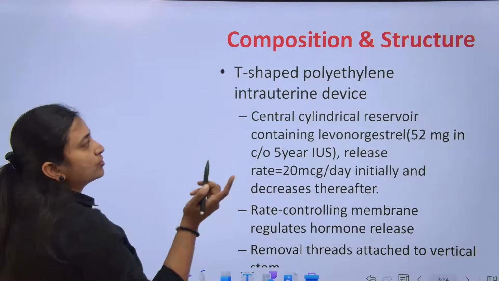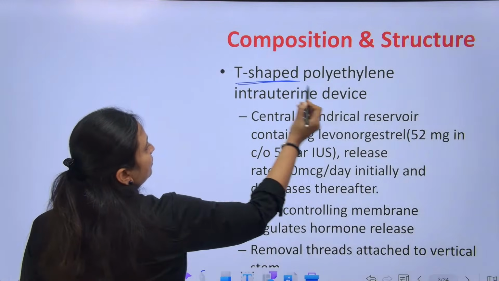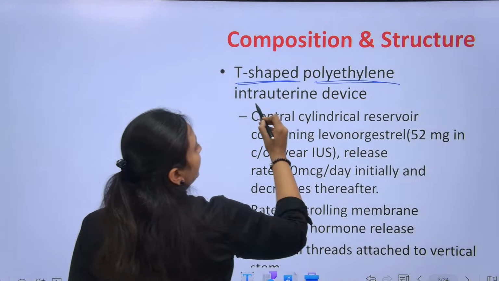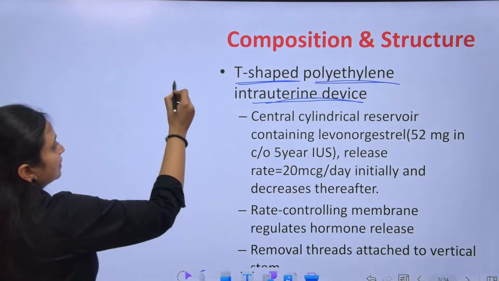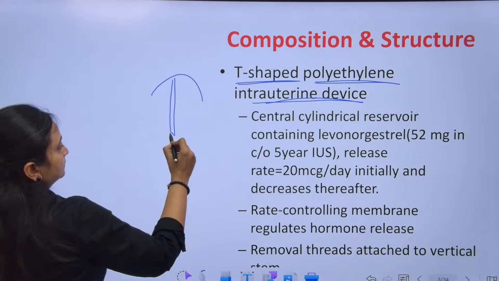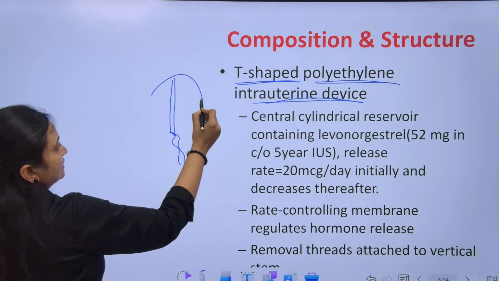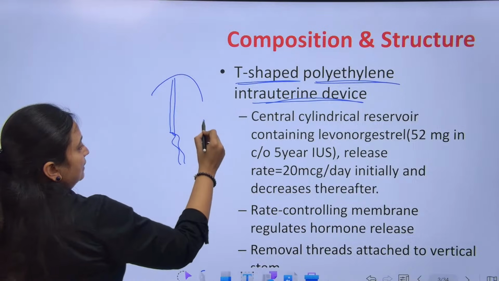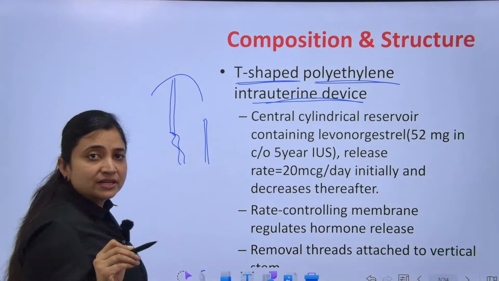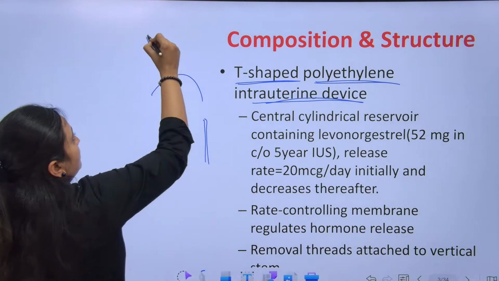Now, what is the composition and structure? It is a T-shaped polyethylene intrauterine device. Somehow it looks like this. These are the threads. This is the central structure and these are the other brands. The most common trade name of LNG-IUS is Mirena.